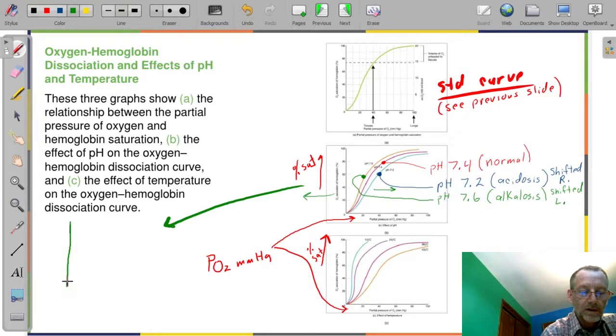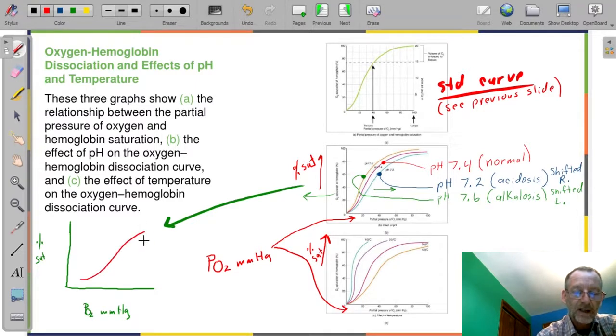So we'll just draw a set of axes, and this will be our partial pressure of O2, millimeters of mercury. We won't put numbers on it, it doesn't matter. And this is percent saturation. Okay, so what does it look like? It looks sort of something like this.